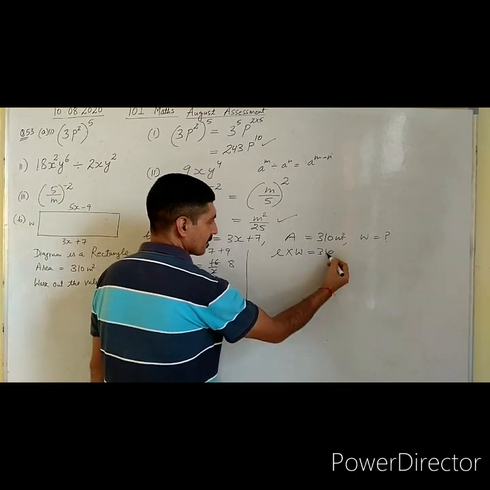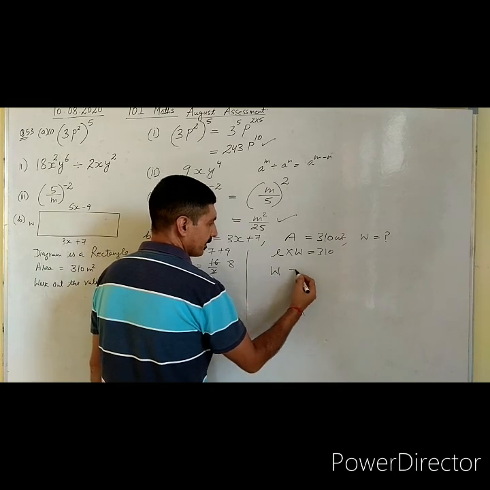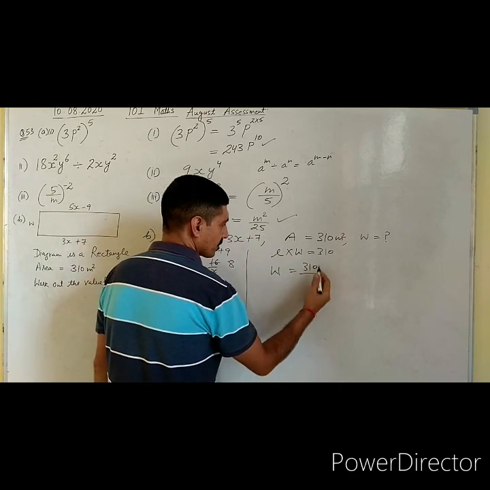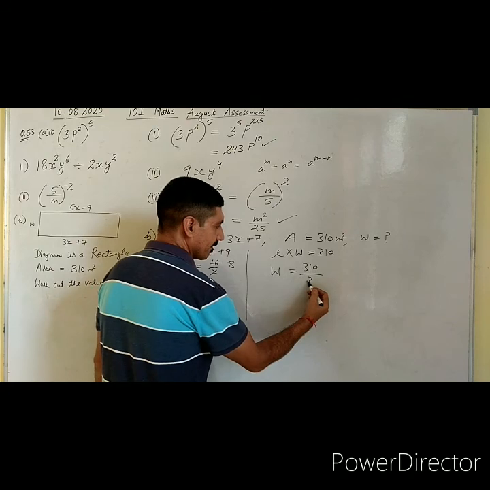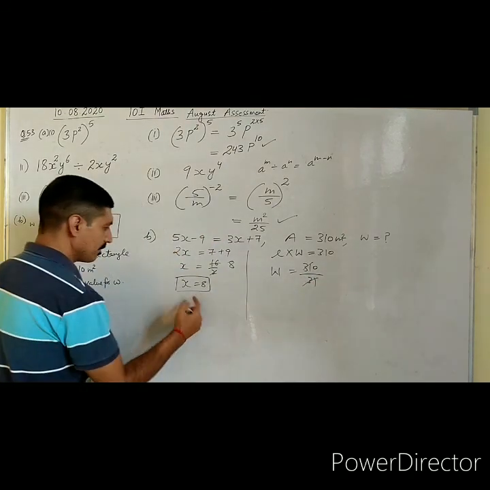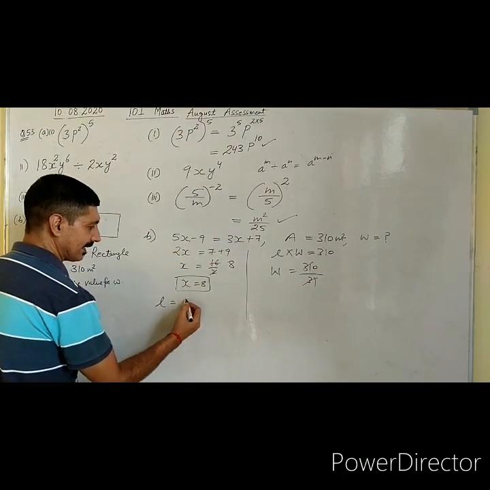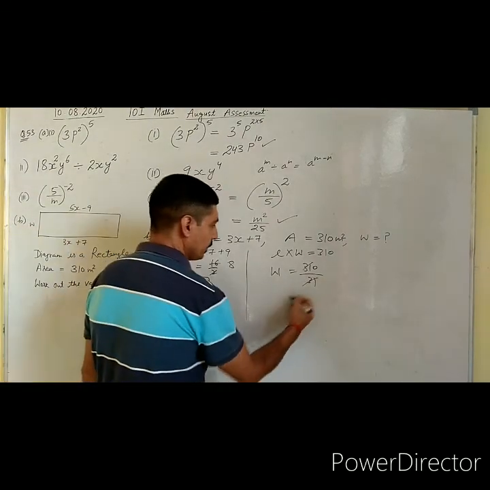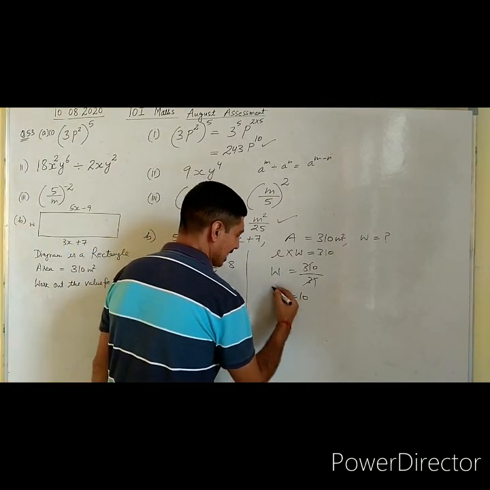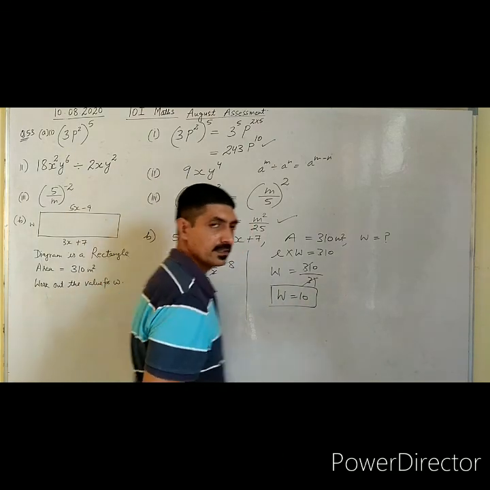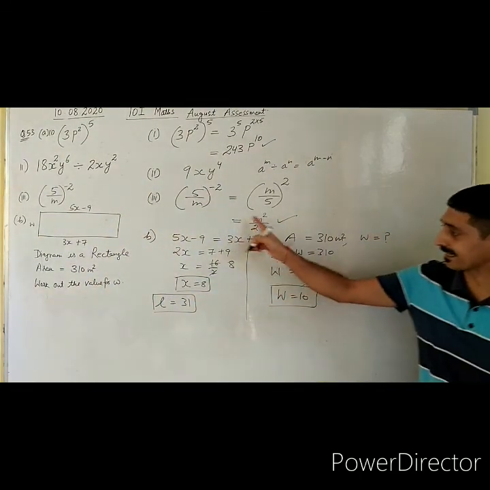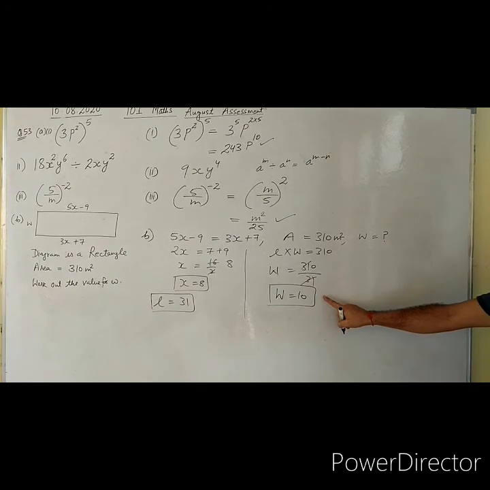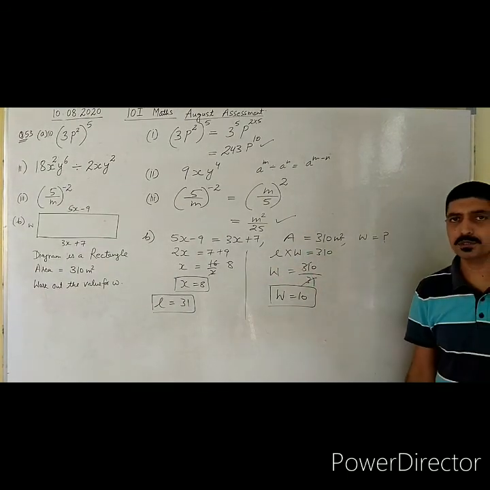So what is W? W is equal to 310 divided by 31, because the length of the rectangle is 31. So here the value of W is 10 units. The width of this rectangle is 10. So this is all about the question.